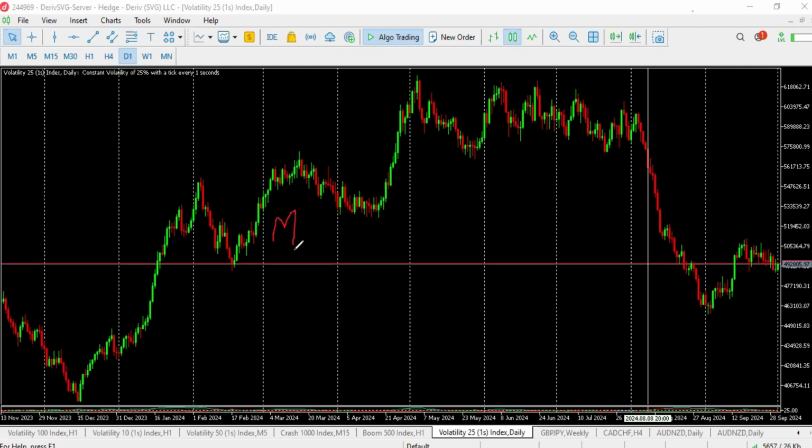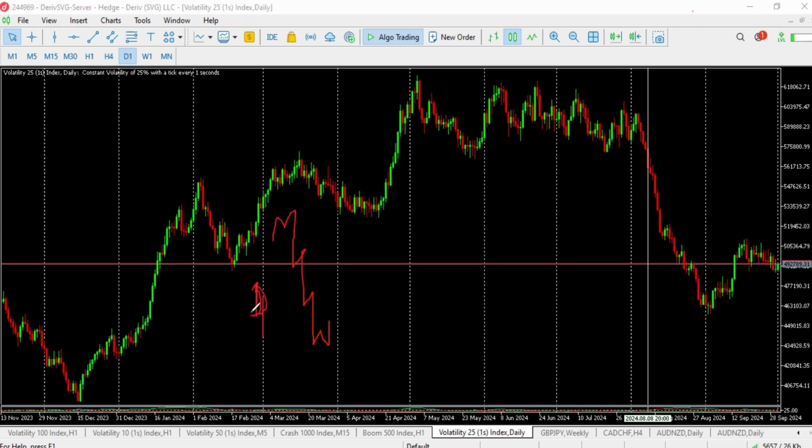We get the level 3, and then a drop, a consolidation or pullback for level 1, drop, consolidation or pullback for level 2, and then we get a level 3 consolidation. So this is for the daily time frame.